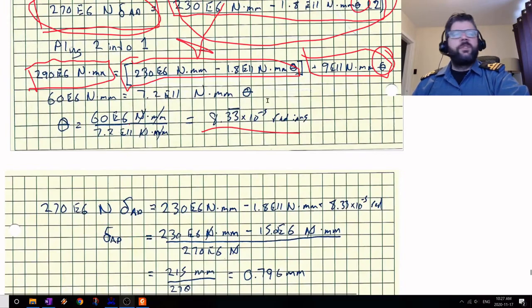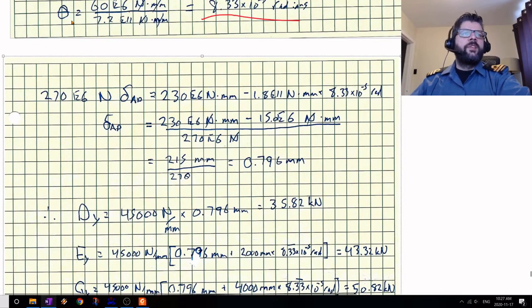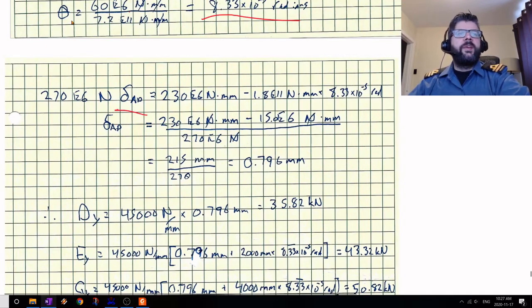So now that we've solved for our angle, we can go back and solve for our displacement. The displacement is the displacement at AD.